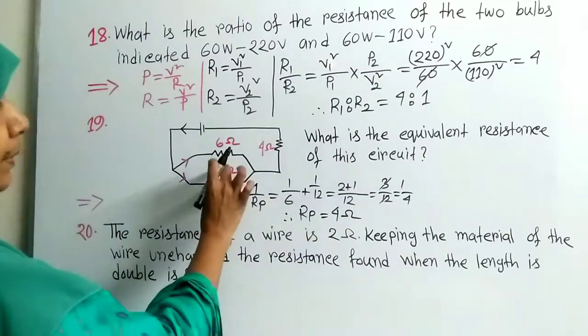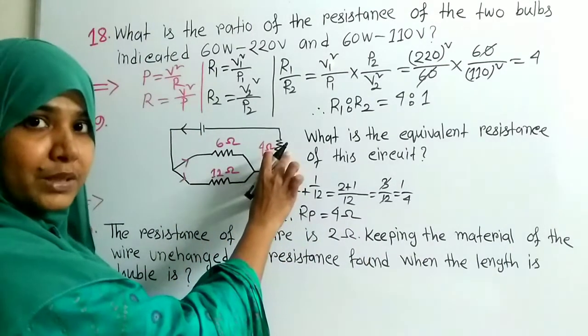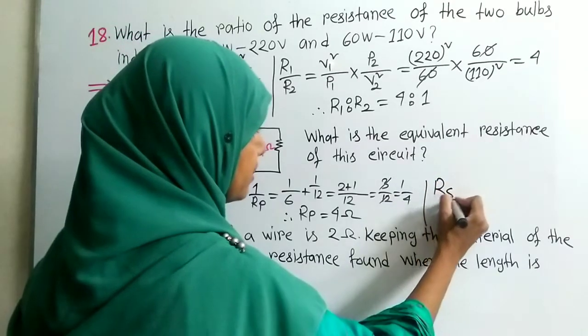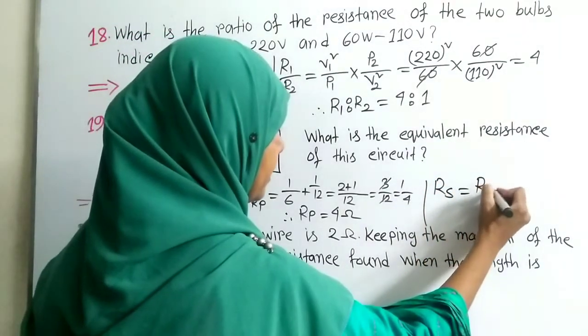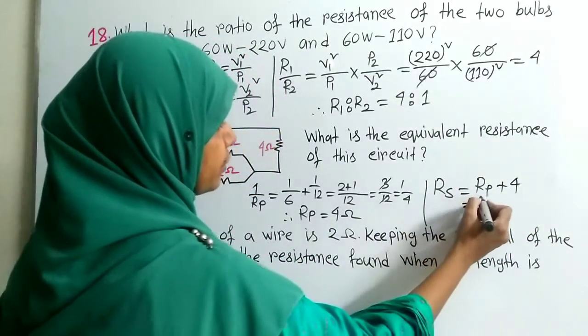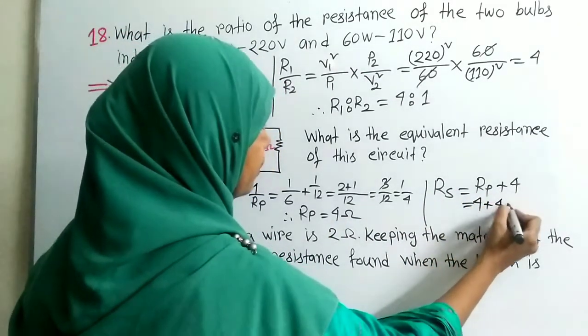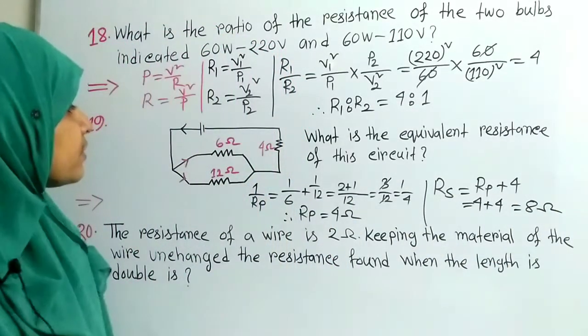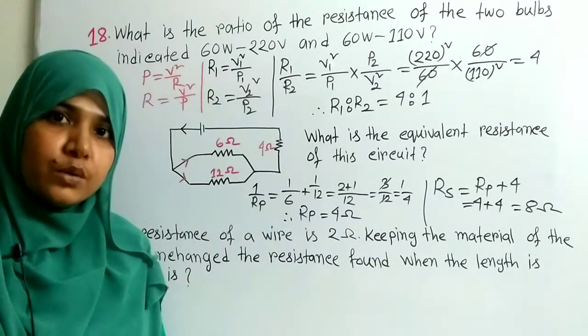Now this Rp is connected with this 4 ohm resistance in a series combination. So we can write that Rs is equal to Rp plus 4. Now the value of Rp is also 4 ohm. So 4 plus 4, that is 8 ohm. So the equivalent resistance of this circuit will be 8 ohm.